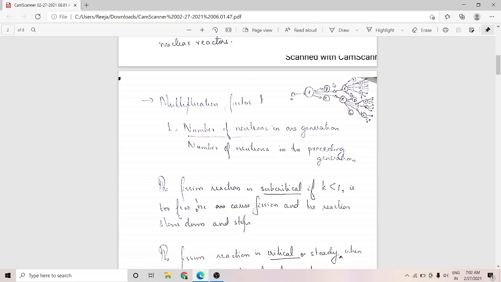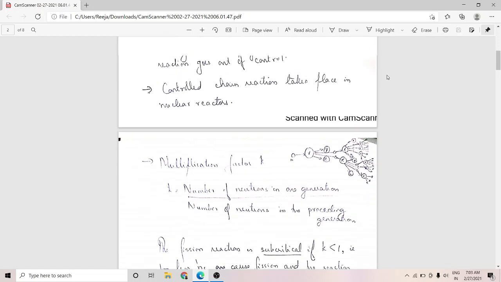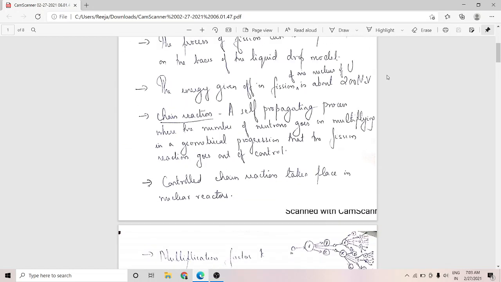These neutrons go and hit more heavy nuclei, say uranium. Again, they fragment into smaller nuclei together with the release of two or three more neutrons. And these neutrons again undergo fission, make more uranium nuclei undergo fission, and this process continues in an uncontrolled fashion, resulting in a chain reaction.